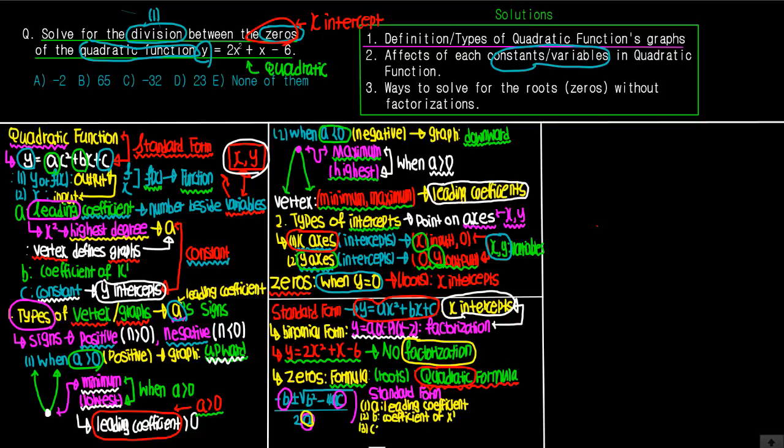As we talked about, the c value is also a constant, which is the y-intercept when the x value is equal to 0. So these are the constants in our quadratic function.